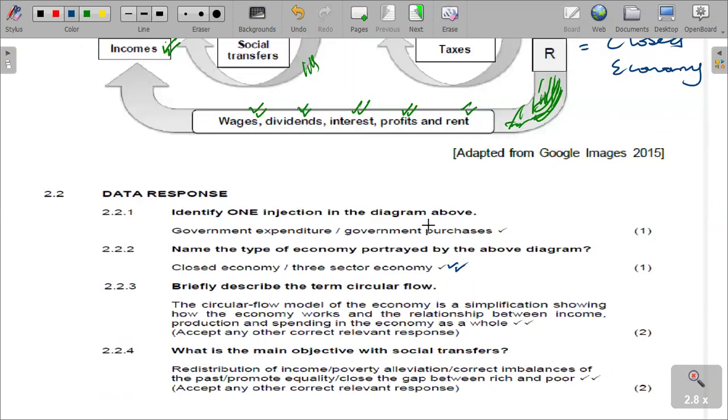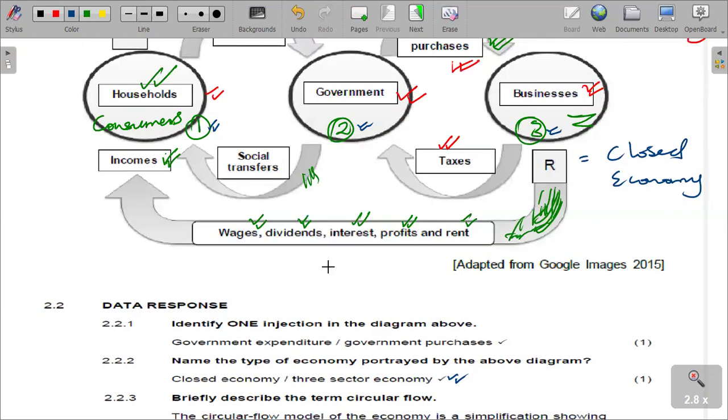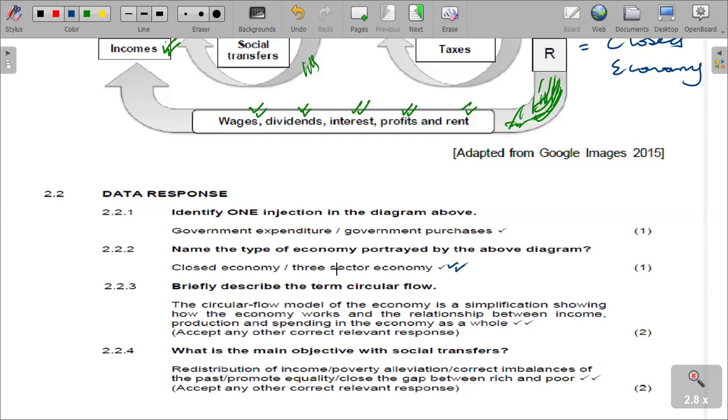These three participants are there to ensure there is a movement of production and economic growth. It shows the relationship between income, production, and spending: businesses pay wages and dividends to consumers, consumers pay taxes to the government, and government spends on government purchases from businesses.